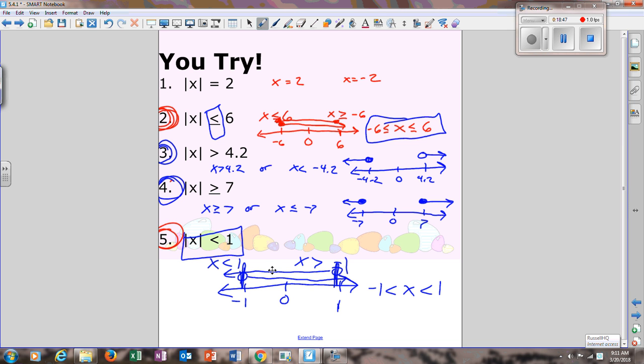It ended up being an AND question. Look at numbers 3 and 4. Greater than or equal to. They ended up being OR questions.